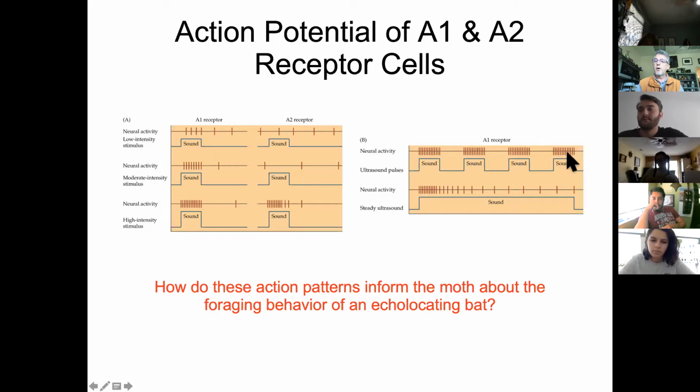Trough, nothing. A pulse, a lot of action potentials. By comparison, when there's a steady, high ultrasonic sound, you'll see a lot of action potentials initially within the receptor cell, but then that starts to dissipate as the action potentials go down to that regular interval and the animals habituate. Make sense?